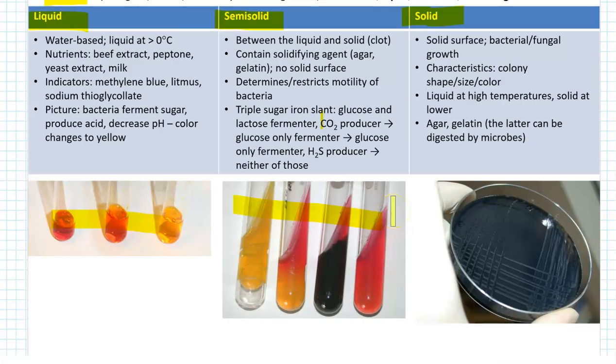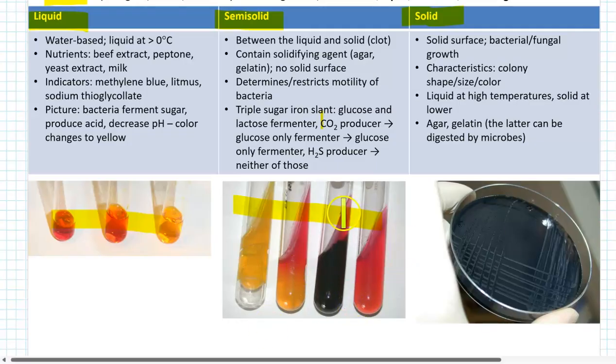Two main applications. It can be for tests. Like this is what's called triple sugar iron agar. I'm not going to go into the details, but you clearly see that 4 tubes here have different appearance, right?